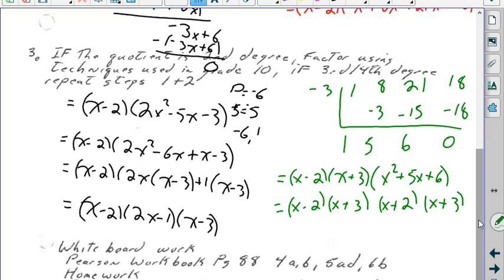And you might see this, or I would probably write this with that factor squared.